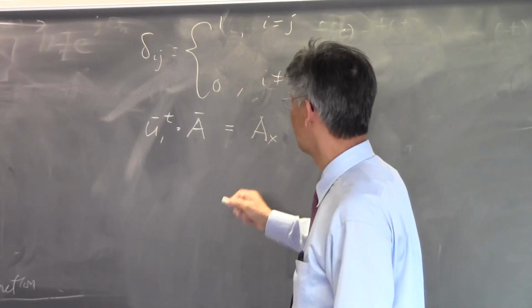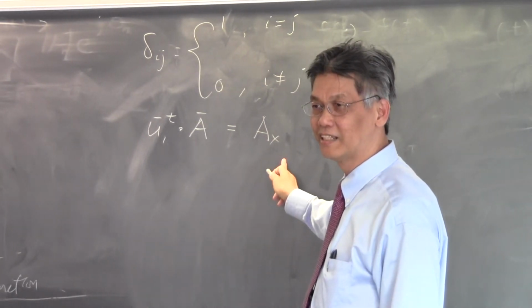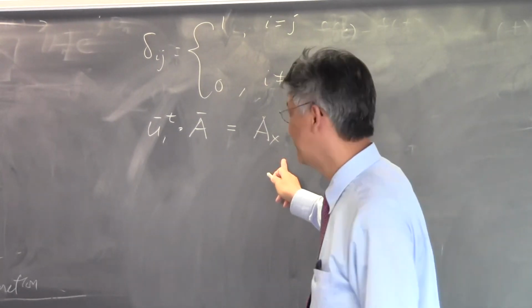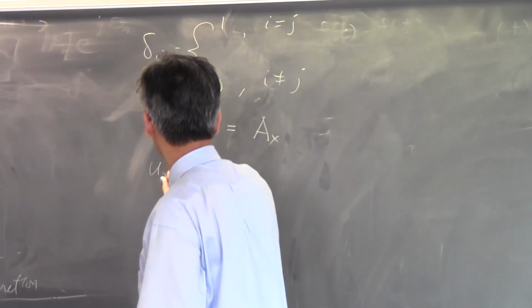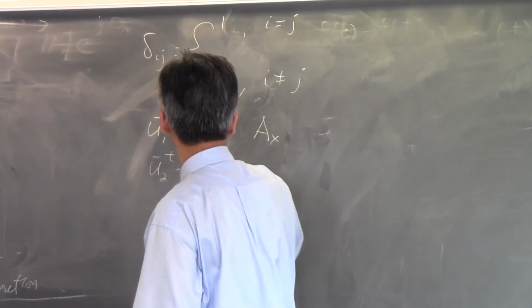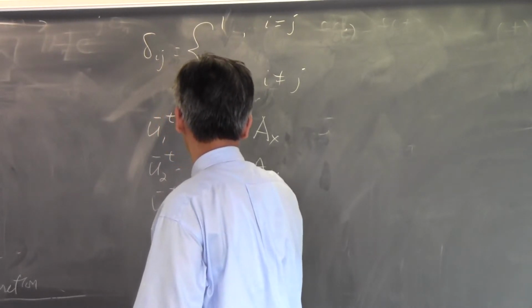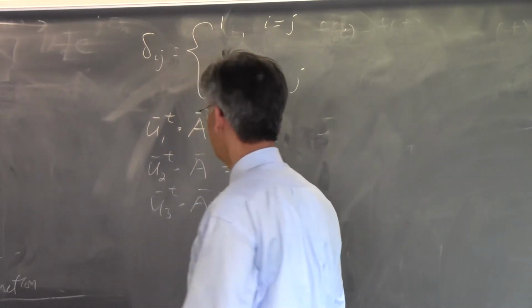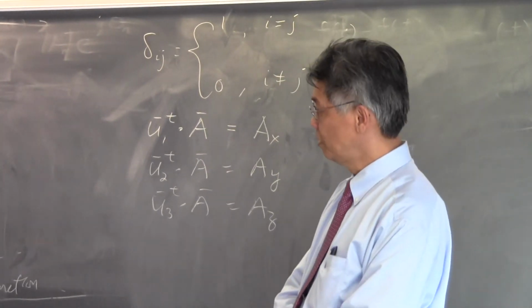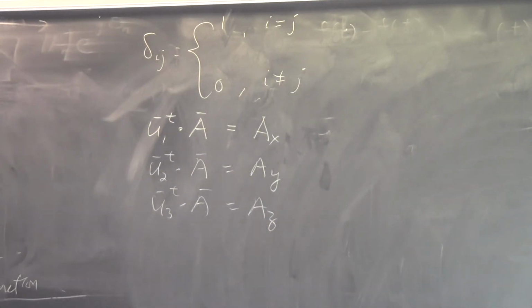Very good. So a simple way to find ax is just using the orthonormality property, and then I can do the same thing for ay and for az. If you find the orthonormality property of these functions, you can use the same kind of trick.